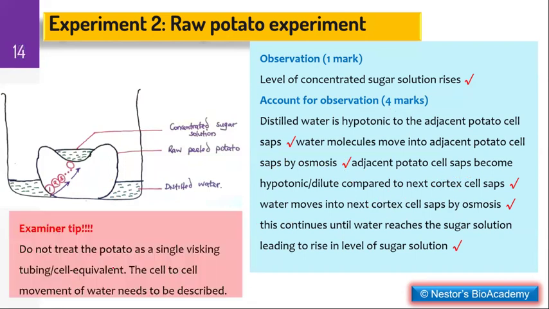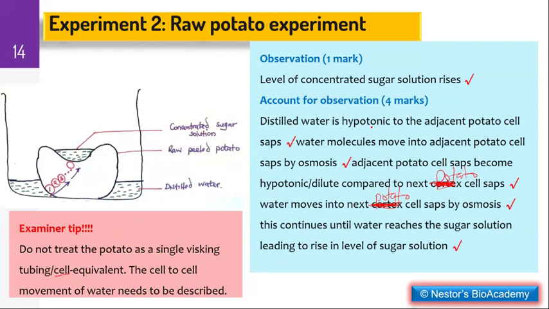So a key examiner tip here is that you should not treat the entire potato as a single Visking tubing or cell equivalent. The cell-to-cell movement of water needs to be well described. So that is the explanation to always note there.